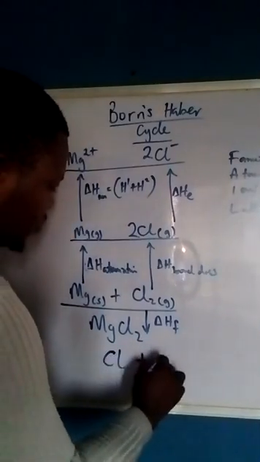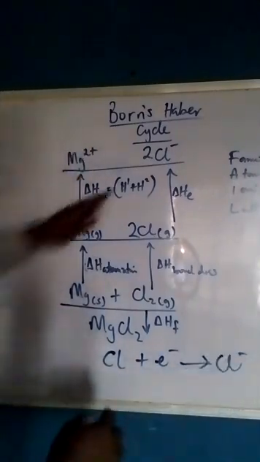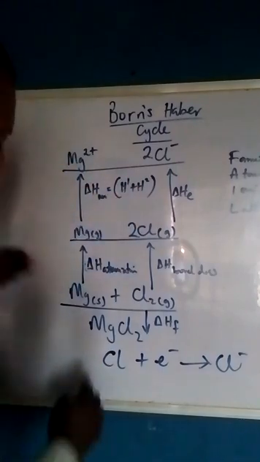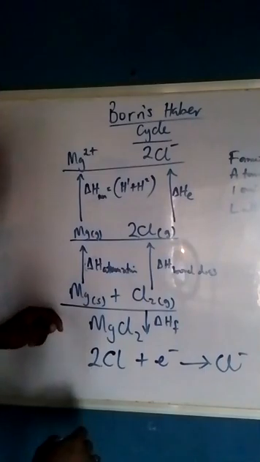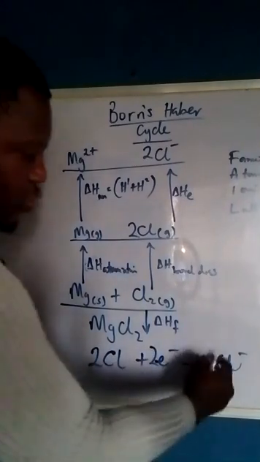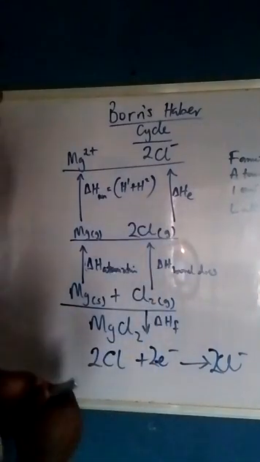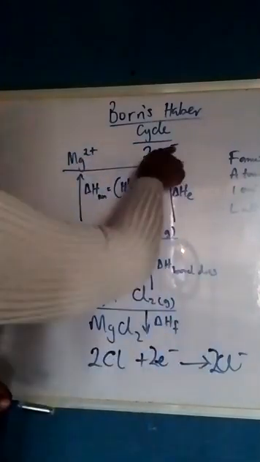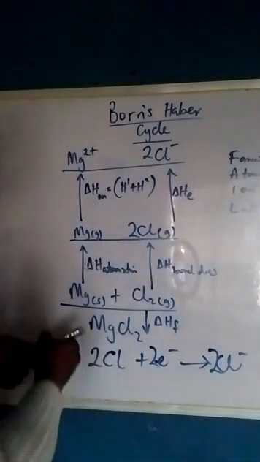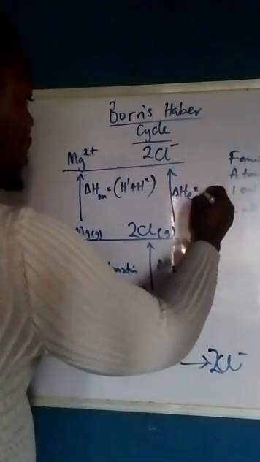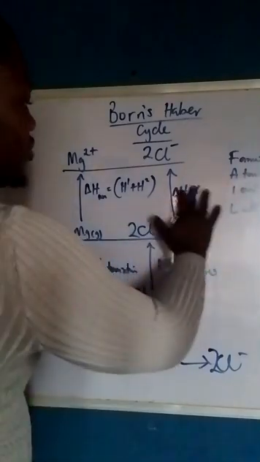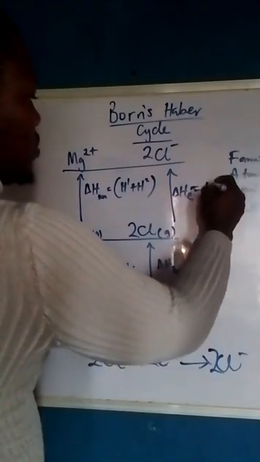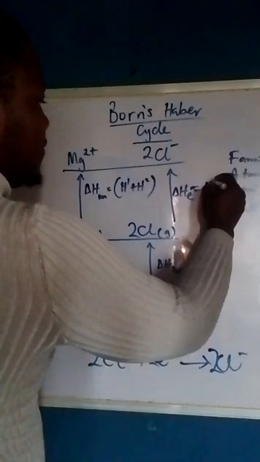Chlorine will attract an electron to become chlorine minus. But if you look here, there are two atoms, because magnesium is ready to give out two. So there will be two chlorine to collect the two electrons to become 2Cl minus. So there will only be one electron affinity, not two, because it's just one negative charge. Sorry, it is electron affinity, not ionization energy. So it should just be the first electron affinity.